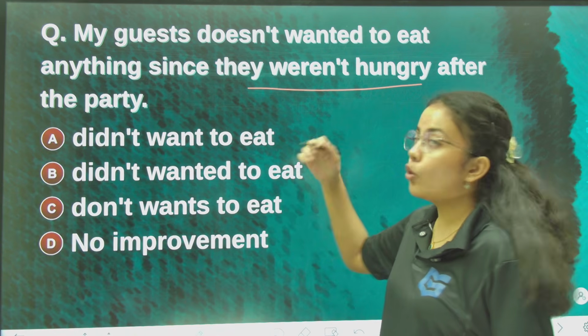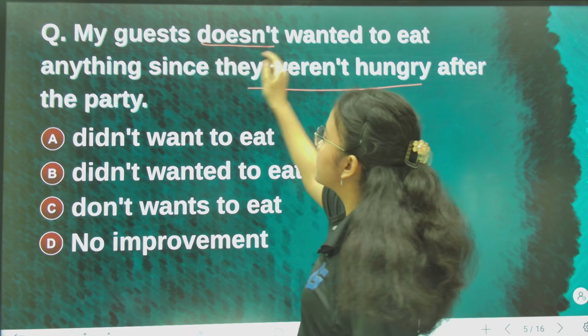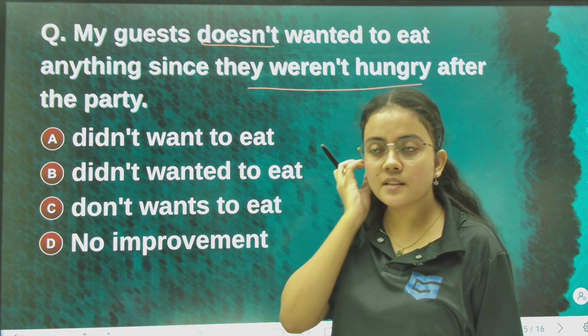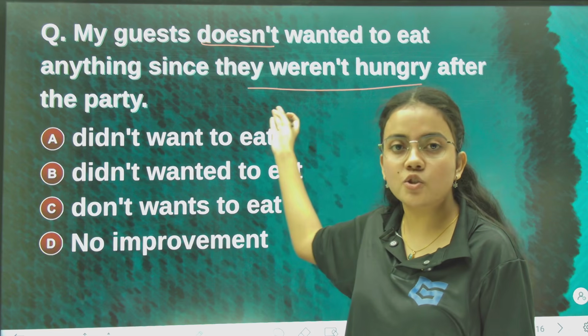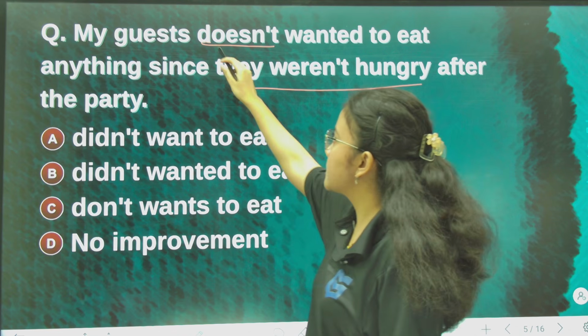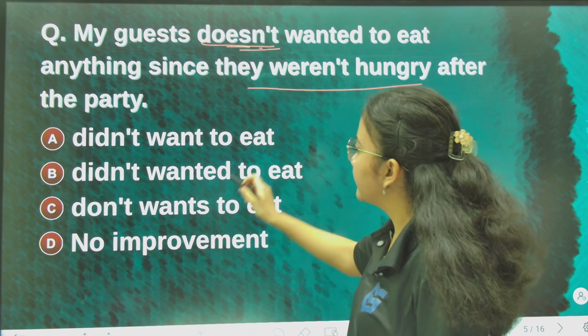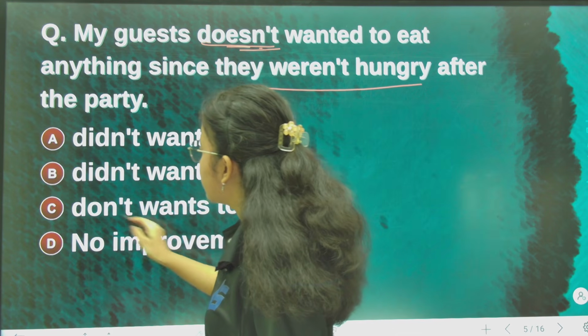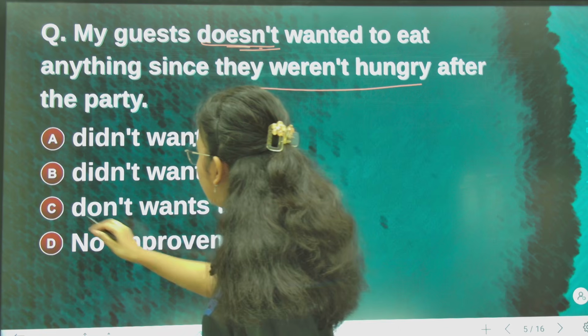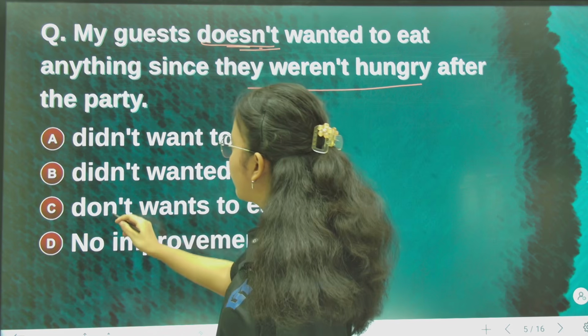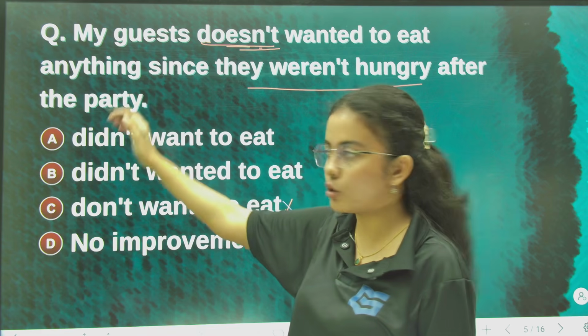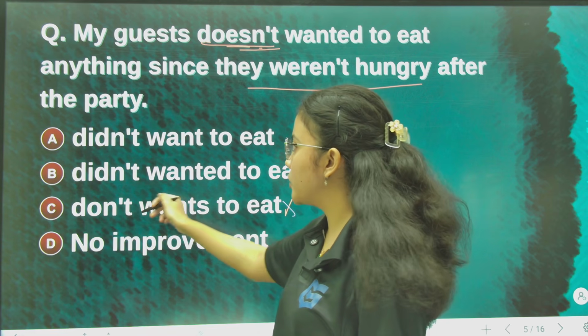So doesn't is simple present. Since the event is past, the action is past, doesn't will not be correct. Now didn't, see, this one is wrong. Don't is also wrong, because the action is past and don't is simple present. So it is not correct.